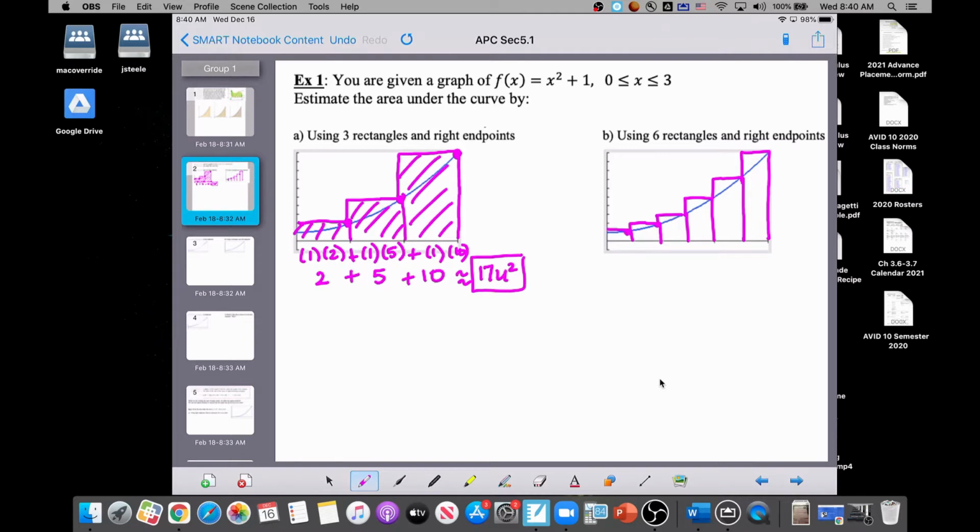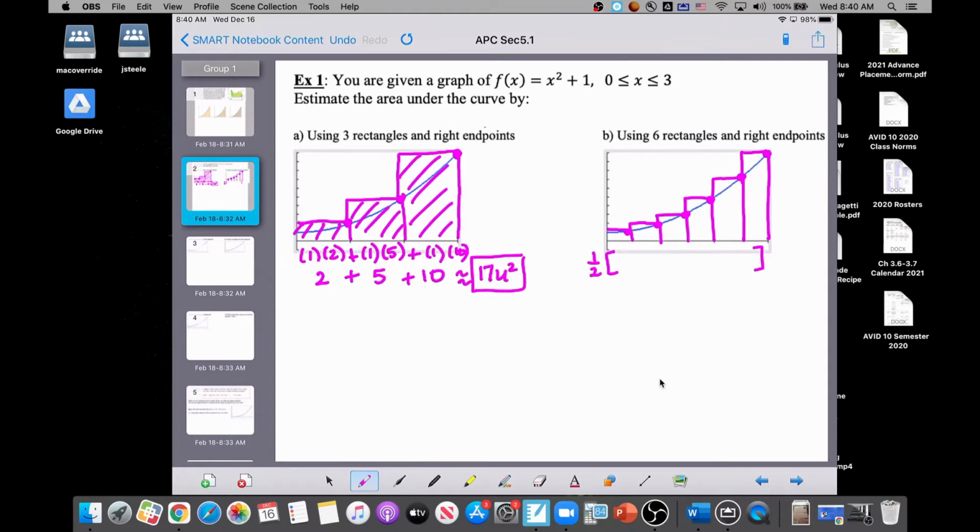And again, when we talk about right endpoints, these dots that I am putting here are the right endpoints. So this time we have 6 rectangles, and the base of each of our rectangles is 1/2. So just to simplify the math a little bit, I'm going to put the 1/2 outside, and then I'm just going to add all of the heights together for the 6 rectangles.